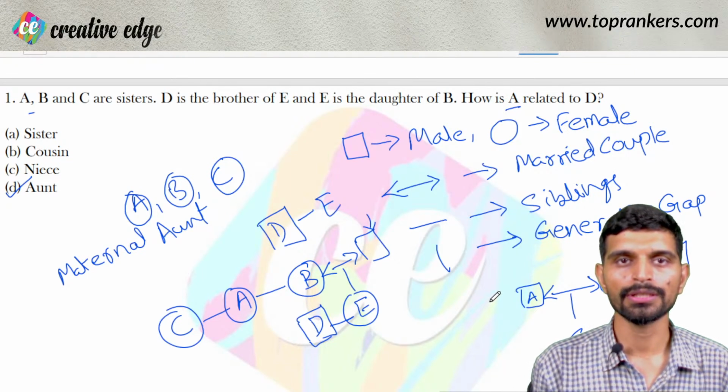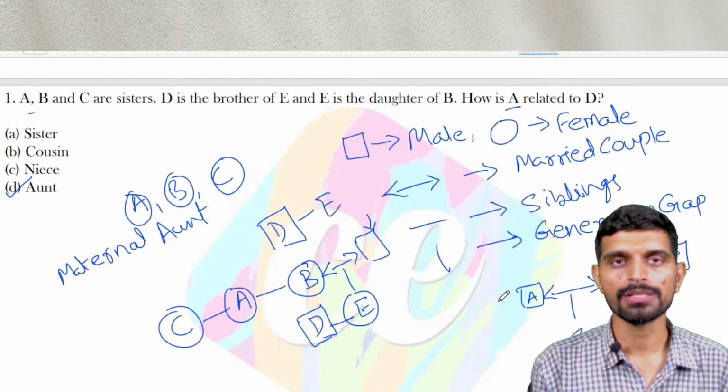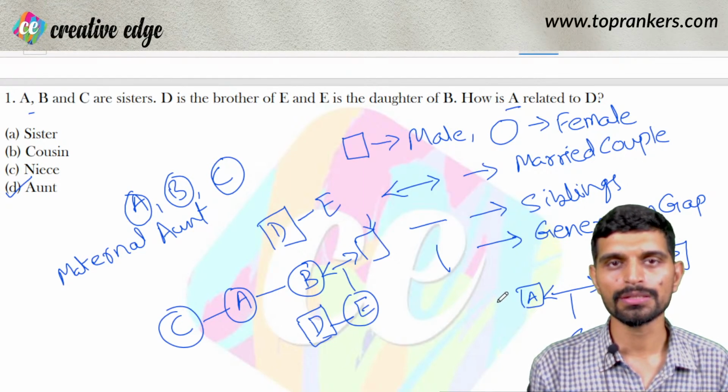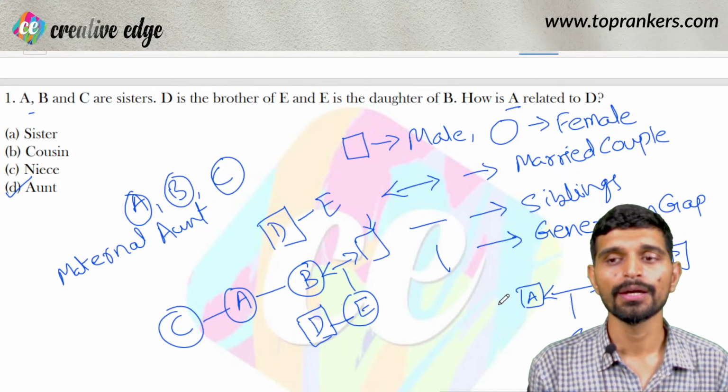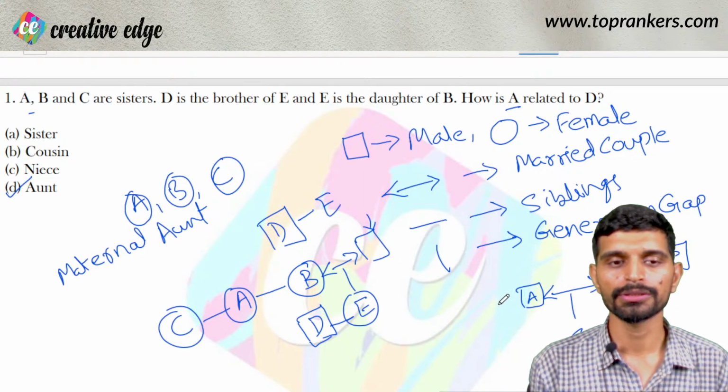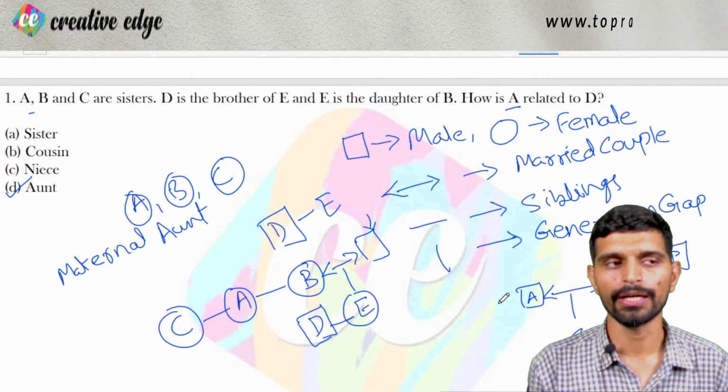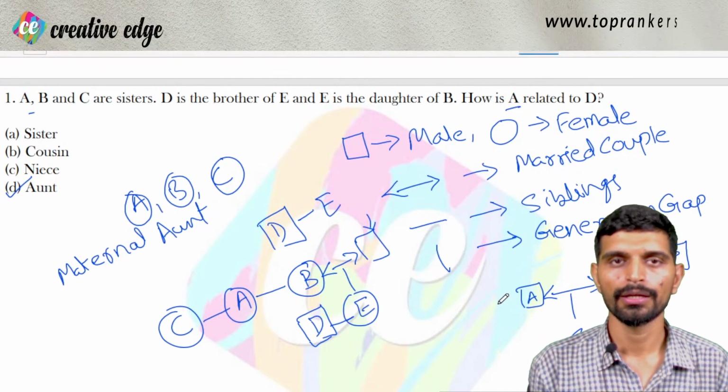So whenever I say uncle or aunt, one must be clear that there is not a particular solution. There will always be two possible solutions.